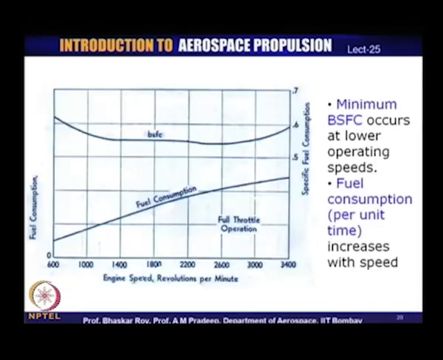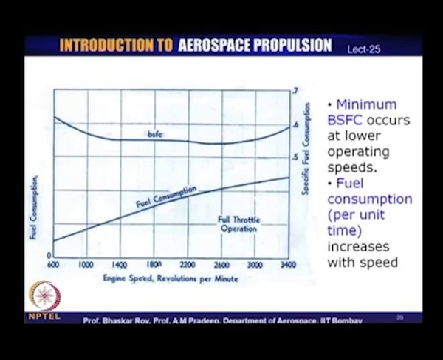This is found out from engine estimation before the engine is actually installed. If we look at BSFC, we have seen it is one of the most important parameters of engine operation. It is indicative of the efficiency of the engine. However, in this graph we see that BSFC and the total fuel consumption are two slightly different issues. BSFC is the fuel consumption per unit power, and is indicative of the efficiency, and it reaches a low plateau somewhere in the speed range over here in this particular engine.